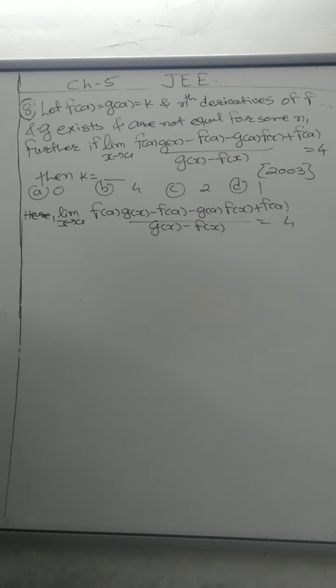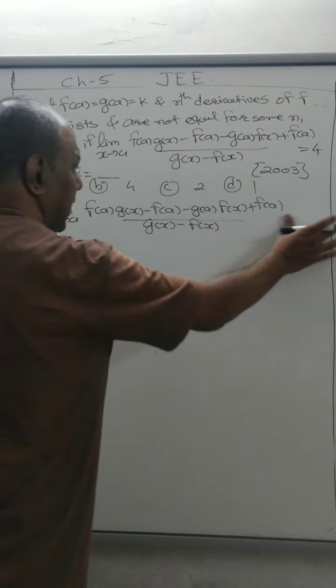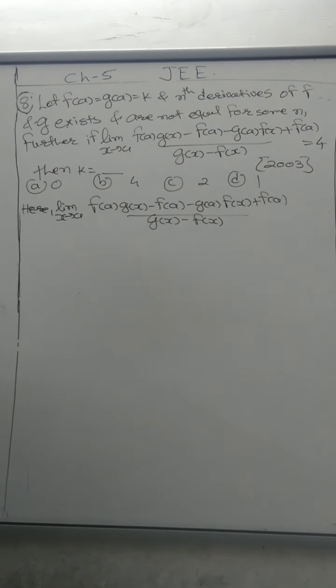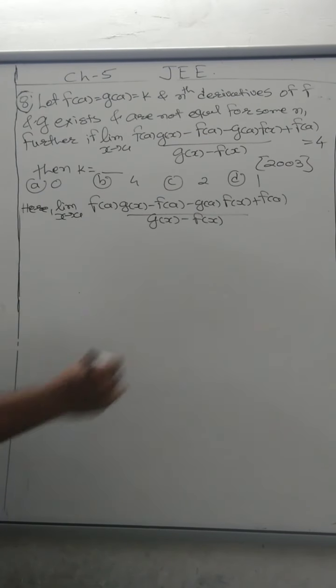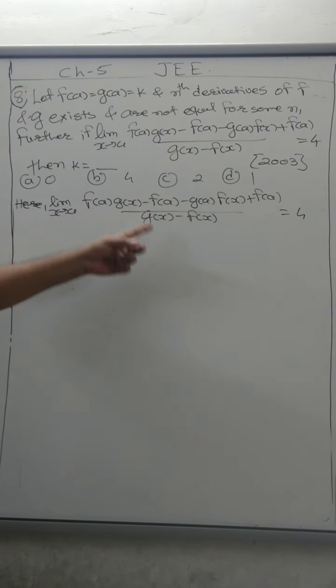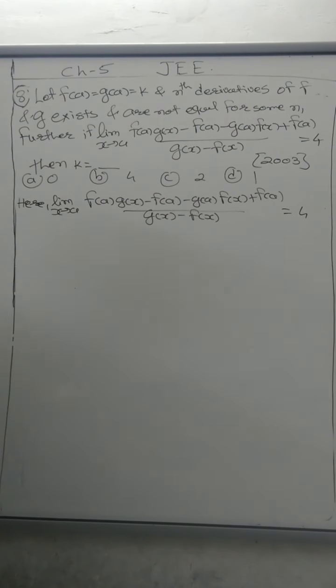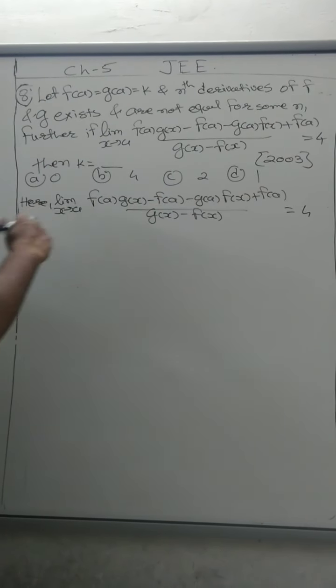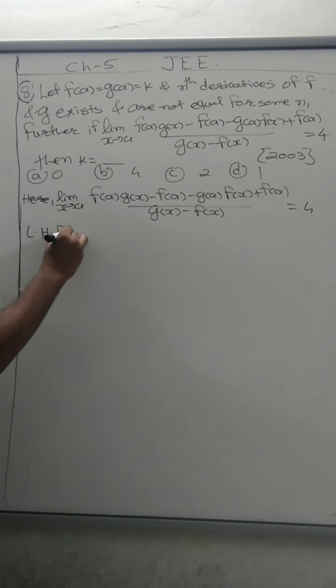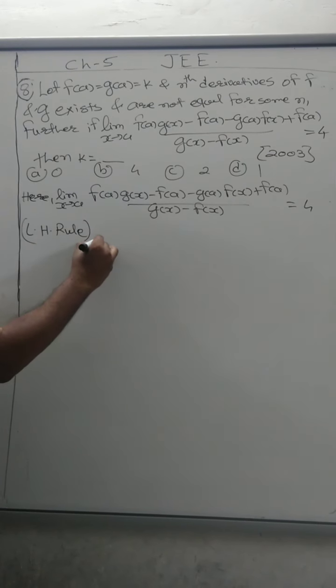Now here we directly put this limit equal to 4, because we want to apply L'Hospital rule only on the left side, which is 0 by 0 form. So we apply L'Hospital rule. Remember this thing very carefully.